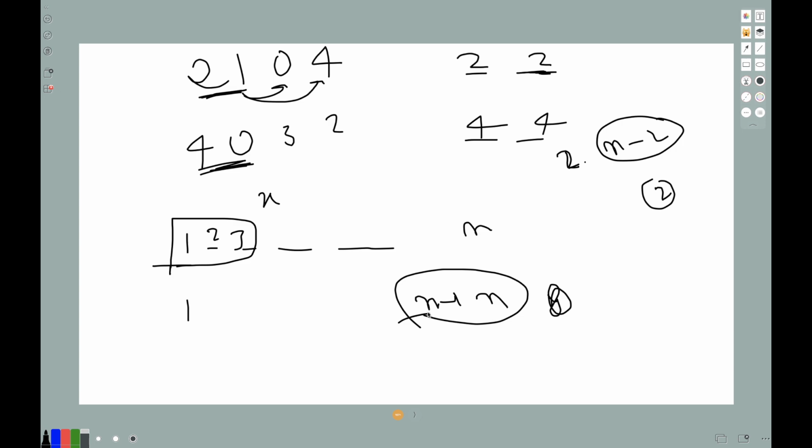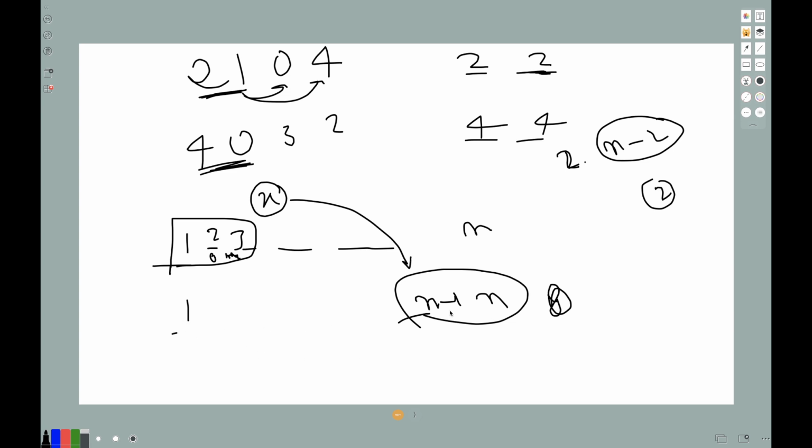And why is that so? The reason is that if 2 and 3 were such that one of them was 0 and one of them was max, then this value x will definitely be greater than this.